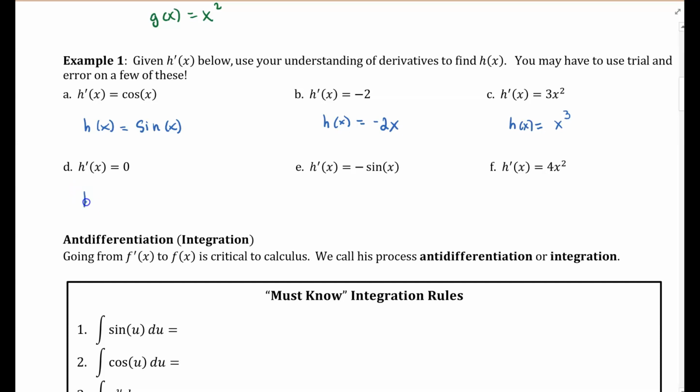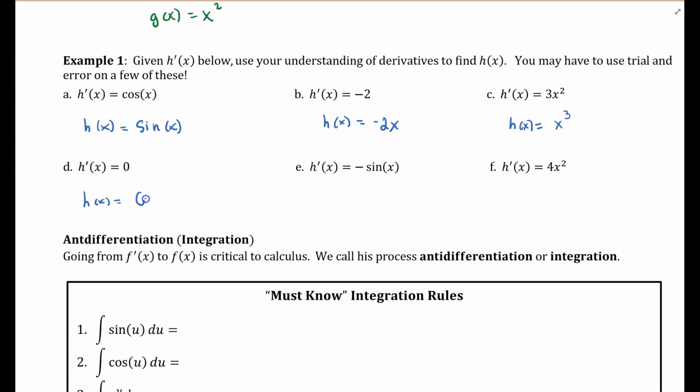Well, h of x could be some number. It could be 4. It could be 7. It could be anything. It could be what we call a k or a c value of a constant, right? And if I take the derivative of that, that gives me 0.